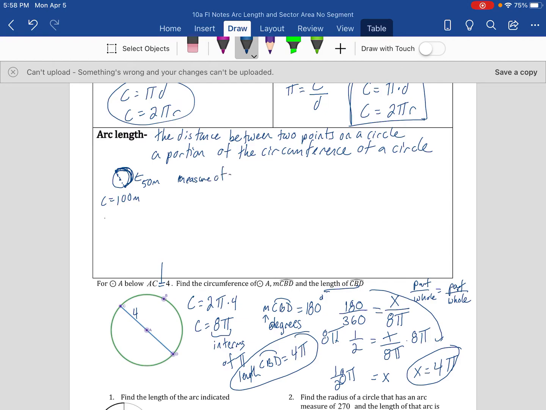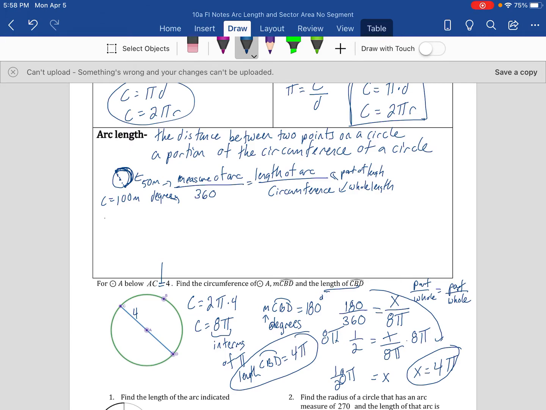So the measure of the arc over 360 is equal to the length of the arc over the circumference. Part in degrees over whole in degrees equals part of the length over whole length.